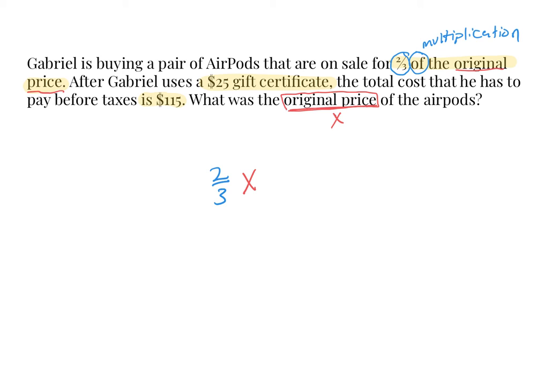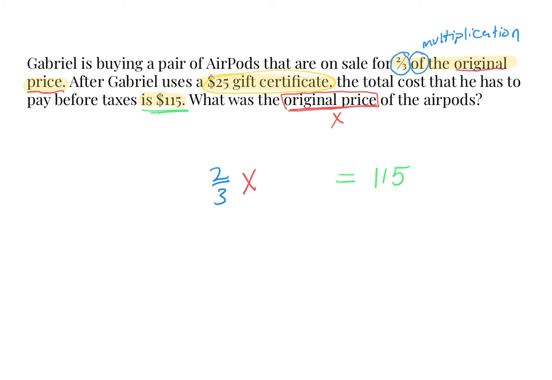Now, Gabriel uses a $25 gift certificate. The total cost that he has to pay before taxes is $115. I know is represents equals 115. And I know I need to factor in this $25 gift card in some way.